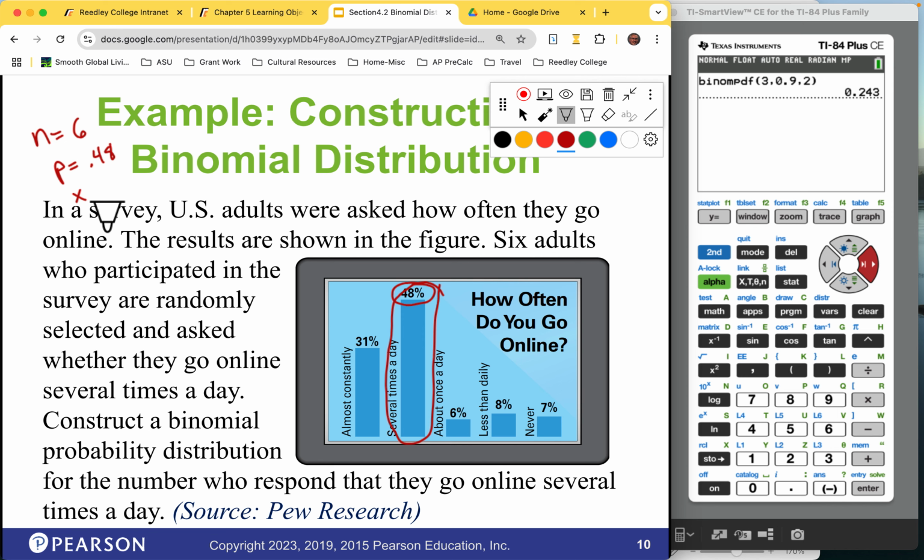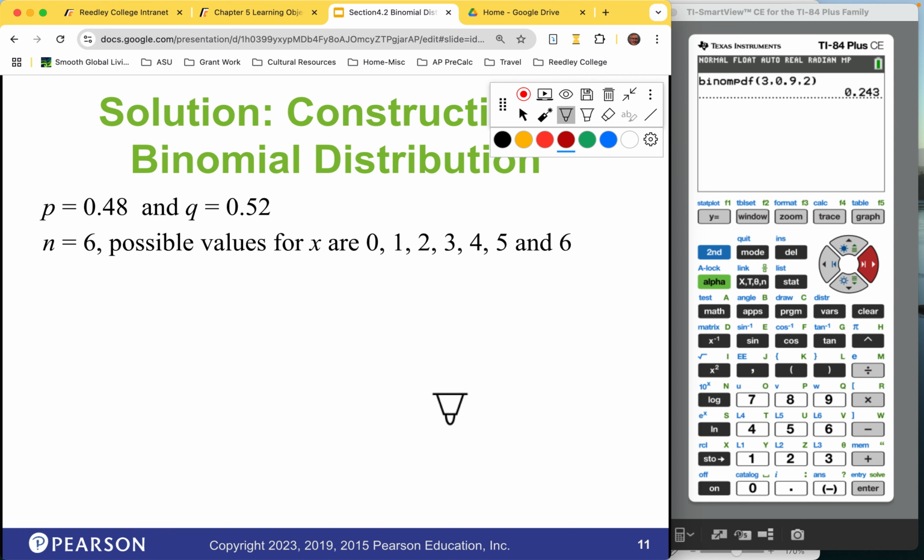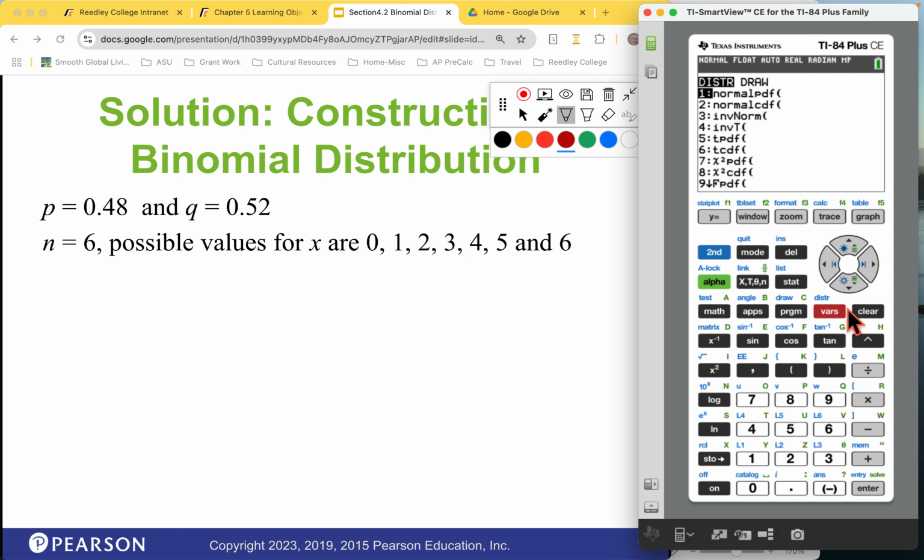Okay, we'll go to the next page. Here's our setup. P is this, here's Q, n is 6. We want to calculate all these values. We're going to use the calculator for all of these. Again, remember how to get there. Second, distribution. Have to go down here.